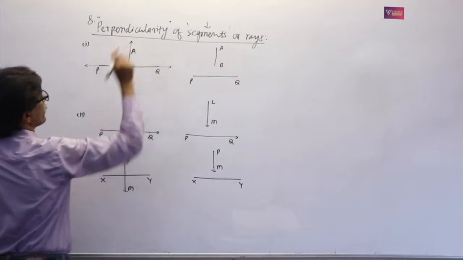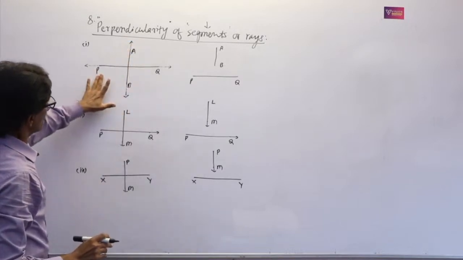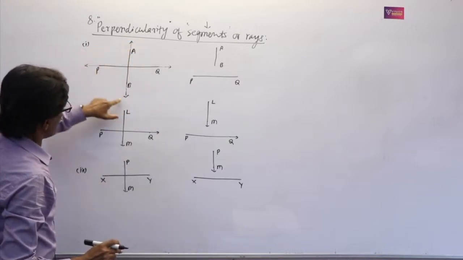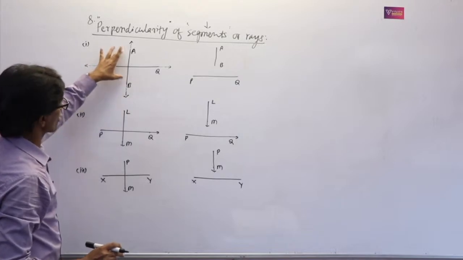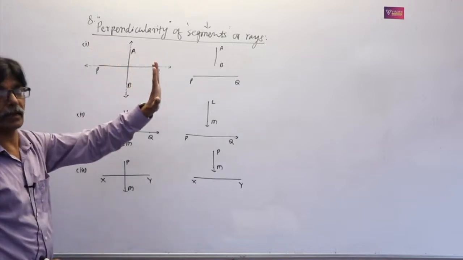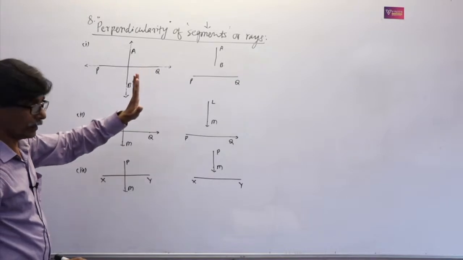Segment AB. Now, line containing PQ, line containing AB, because every segment is a subset of a line. No matter. Clear? Understand?